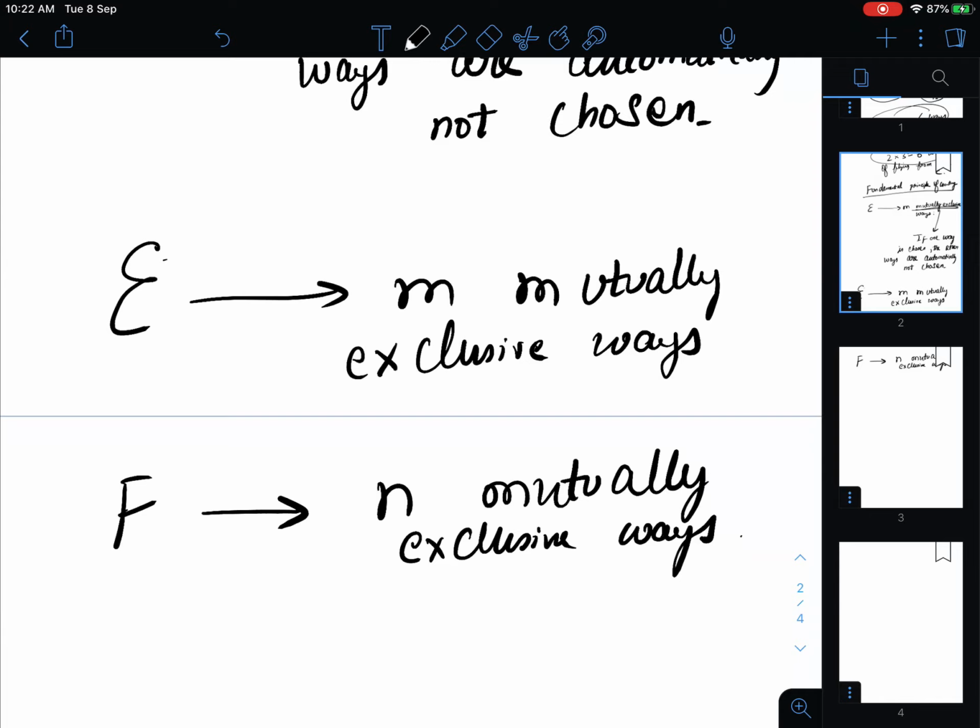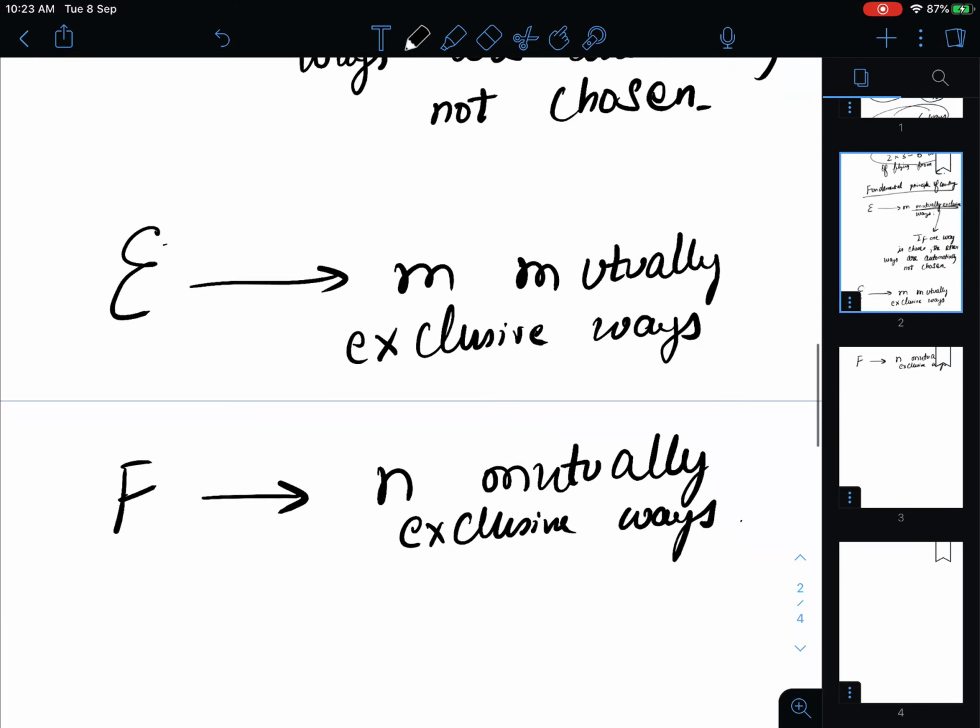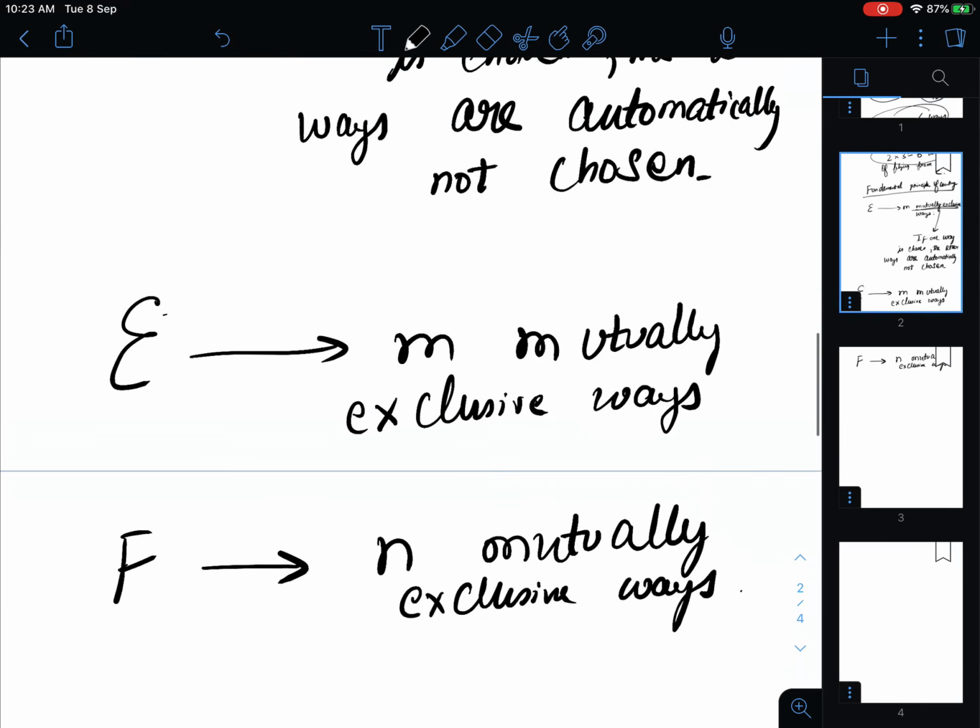Note the distinction between mutually exclusive and independent. We talk about mutually exclusive ways in the context of a particular event. That one particular event can happen in, let's say, m possible ways, and all of them are mutually exclusive. If one happens, then the others are automatically rejected.